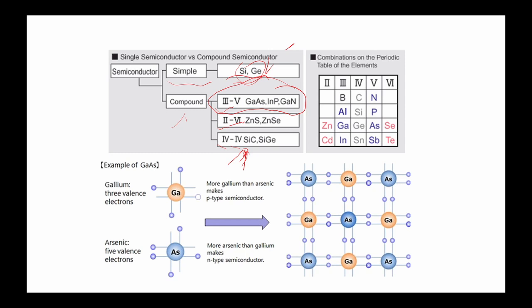As we know, gallium is from the third column, so it has 3 electrons in the valence shell: 1, 2, and 3.